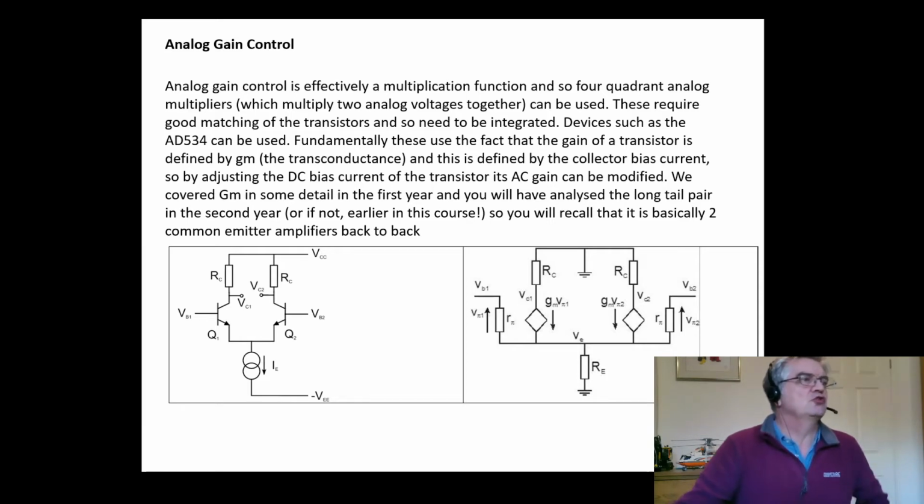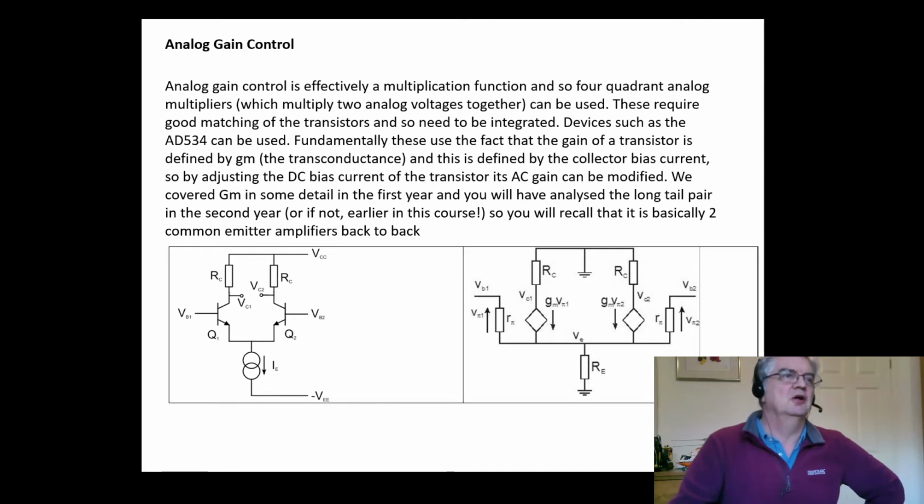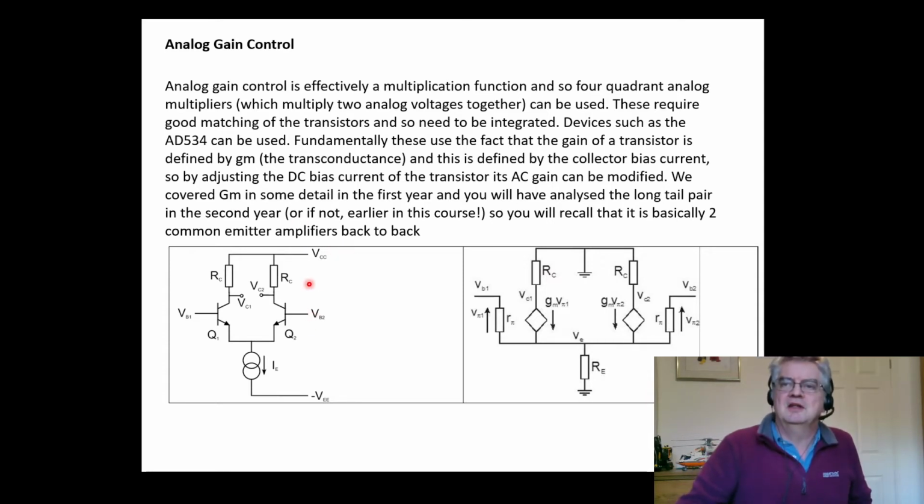At the end of last session we started looking at analog gain control and introduced this interesting idea that we can control an AC parameter by controlling a DC parameter. So in this case we controlled the gain of this system by controlling the value of this current here.